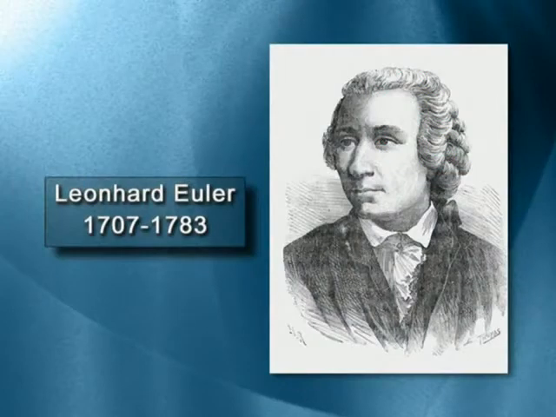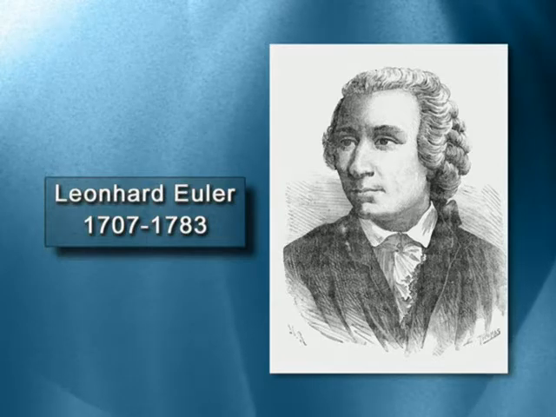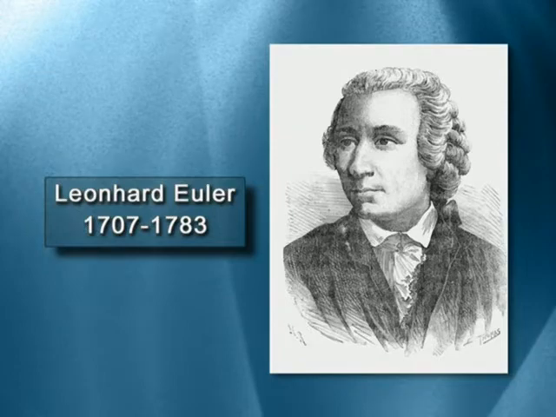The letter E was chosen by the Swiss mathematician Euler, one of the greatest mathematicians of all time, in 1727. The story is that he chose E because it's the first letter of exponential, and not because it's the first letter of his last name.